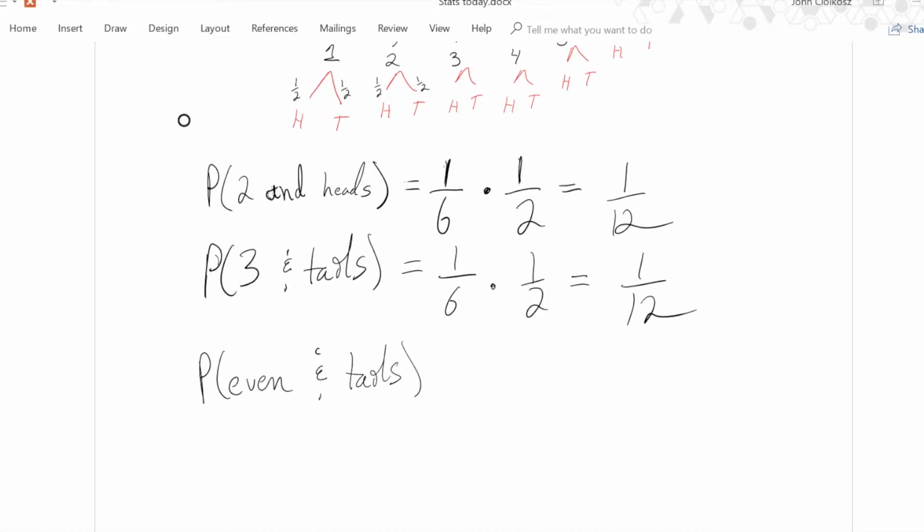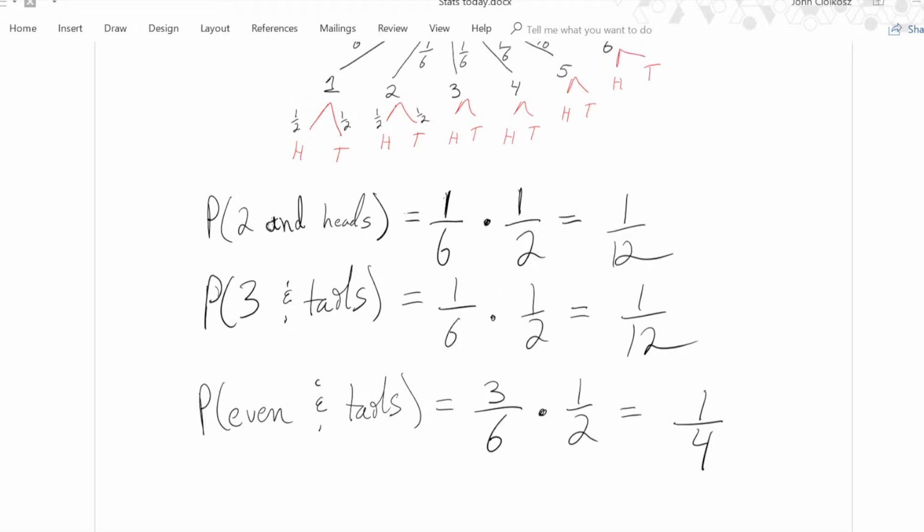There's 3 different even numbers, so the probability that I roll it and get an even one is going to be 3 out of 6, or if you reduce that and did 1/2, that's also fine. And the probability of getting tails is 1 out of 2. So when we multiply, reduce that, we'll have 1 out of 4, 0.25. It would be 3 out of 12, and that reduces. So 3 times 1 gives me 3, 6 times 2 gives me 12, which reduces to 1 out of 4.